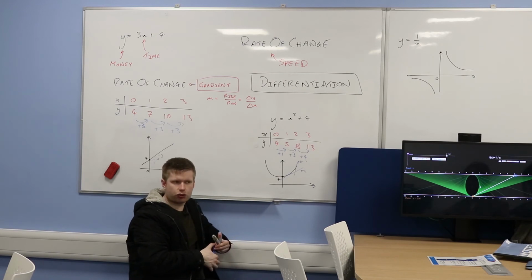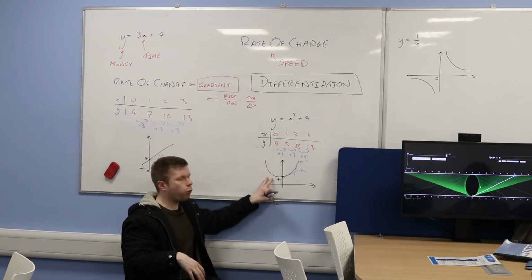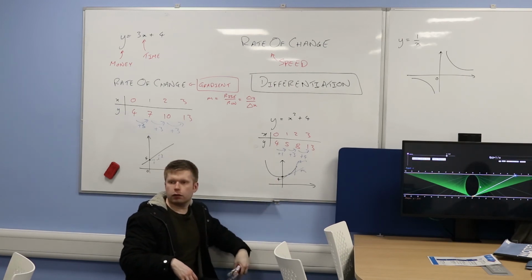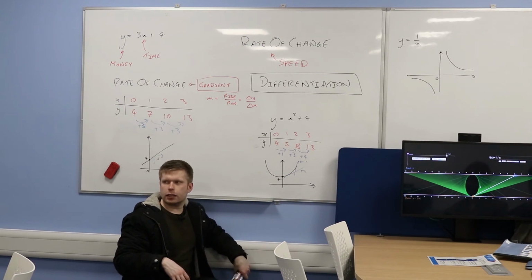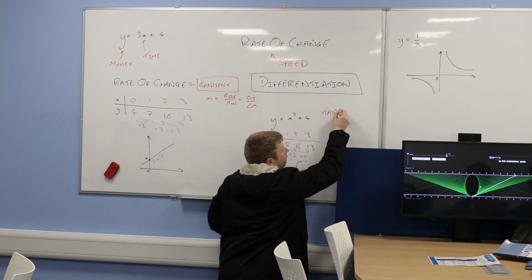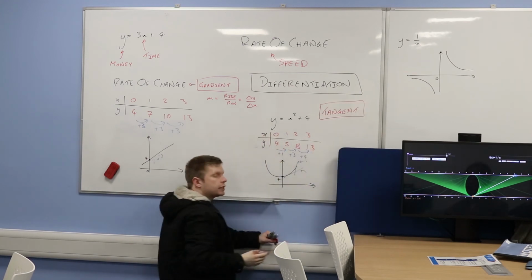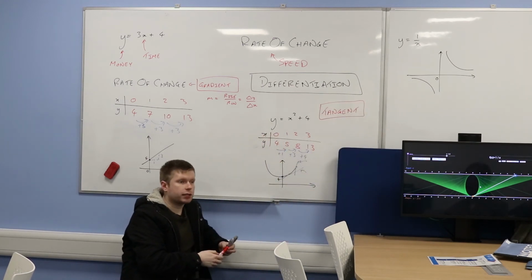So what now am I describing? I'm still describing gradient, but the gradient of what? What do I call that line? It begins with a T. Tangent. Right. Gradient of my tangent.